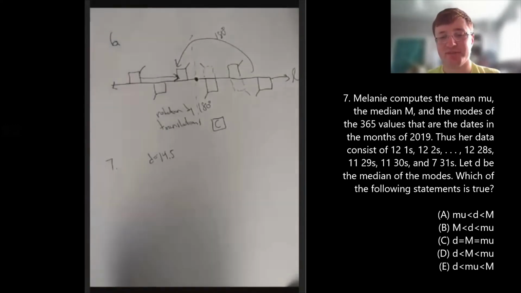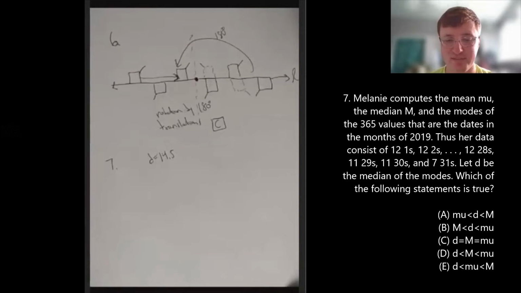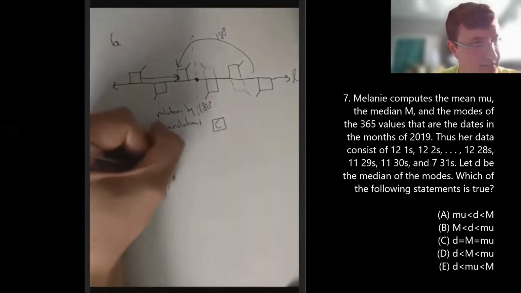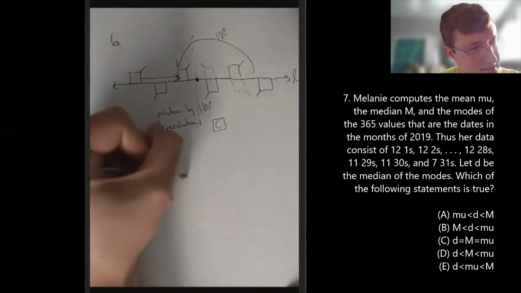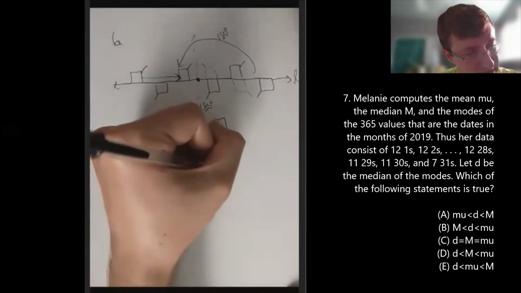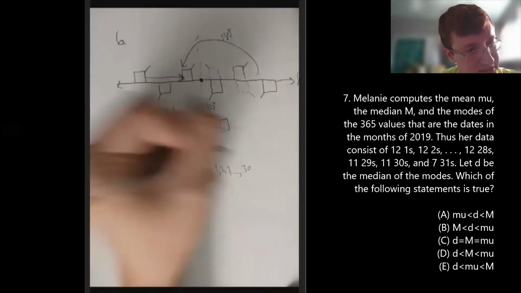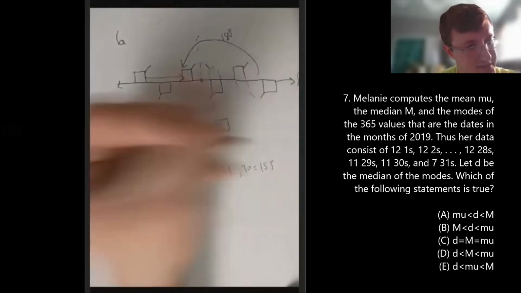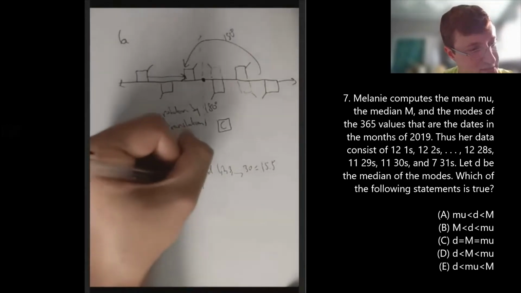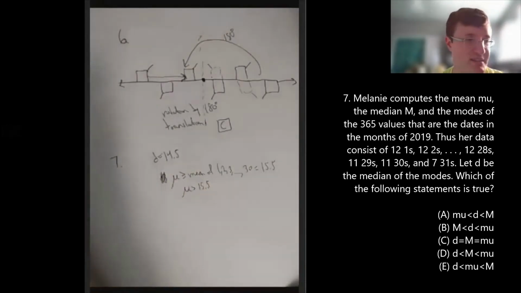Well, almost all of the months have either 30 or 31 days. So the mean, mu, is at least the mean of 1, 2, 3, up to 30, which is 15.5. Okay, so mu is bigger than 15.5. It'll be strictly bigger because of the 31s.